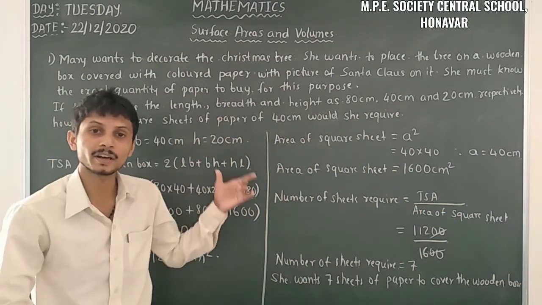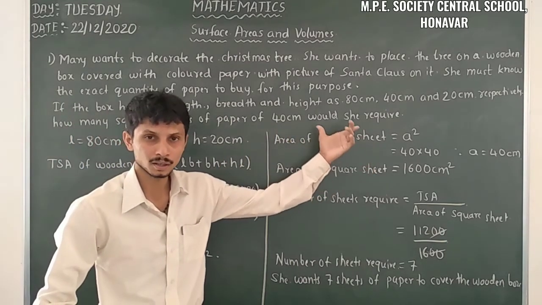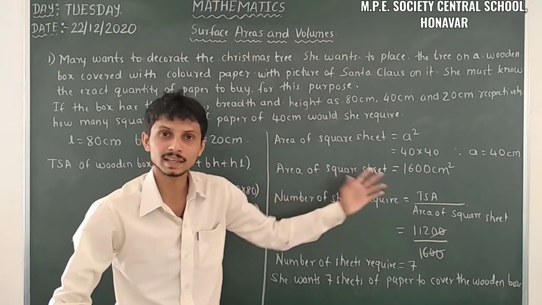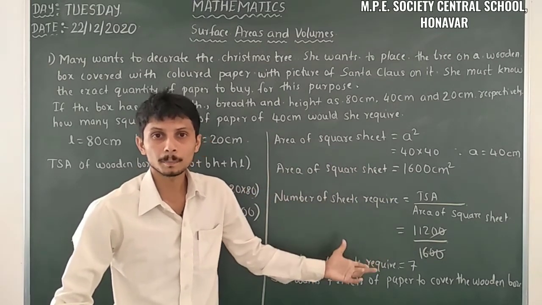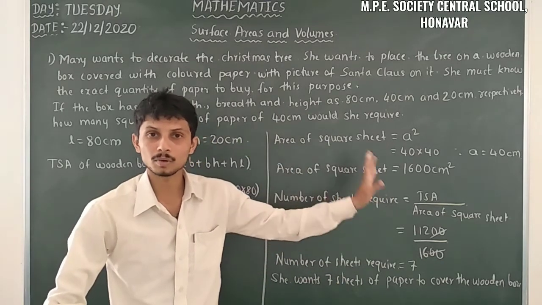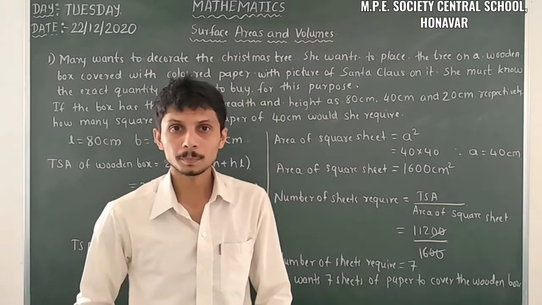Firstly we have to find the total surface area. Then we have to find the area of the individual thing. Then we have to divide those two things, then we can get the number of things. Using these techniques we can easily find the number of things here. So let us move on to the next problem.